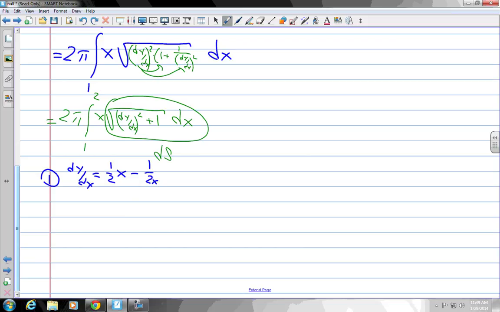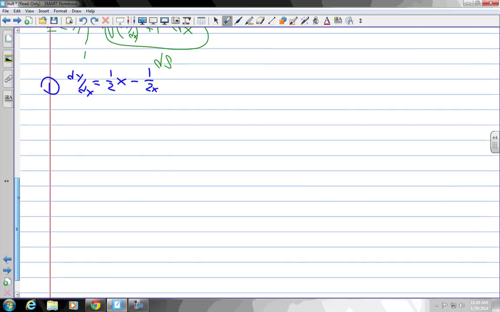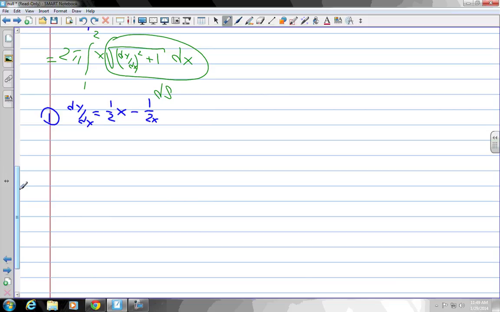Is that right? You have to be very careful when you write this thing down. It's really easy to mess it up. So 1 plus this thing squared gives you, it's not going to work out as nice.